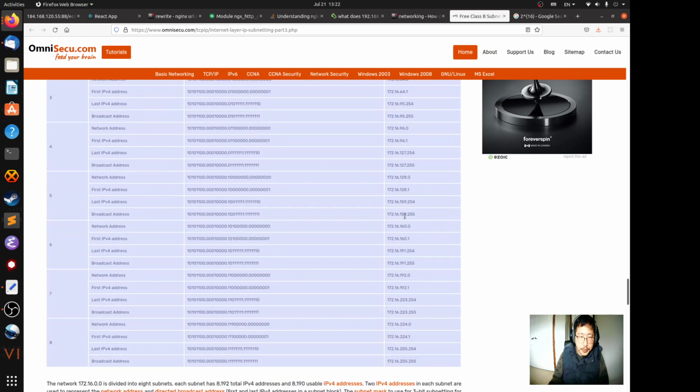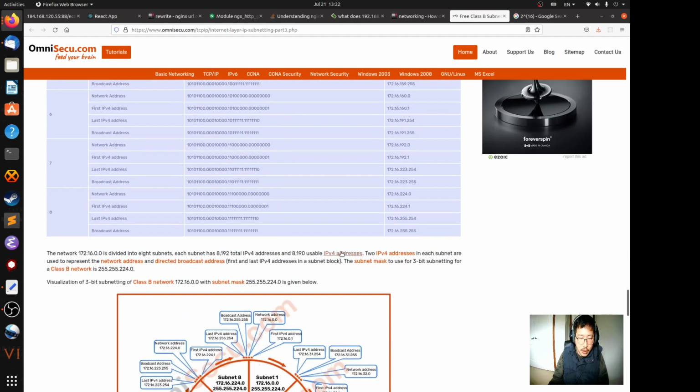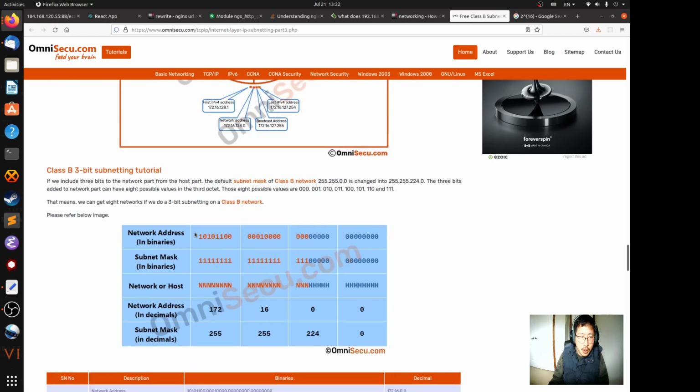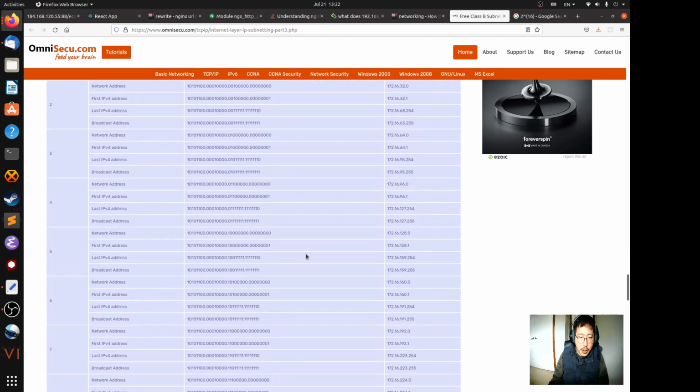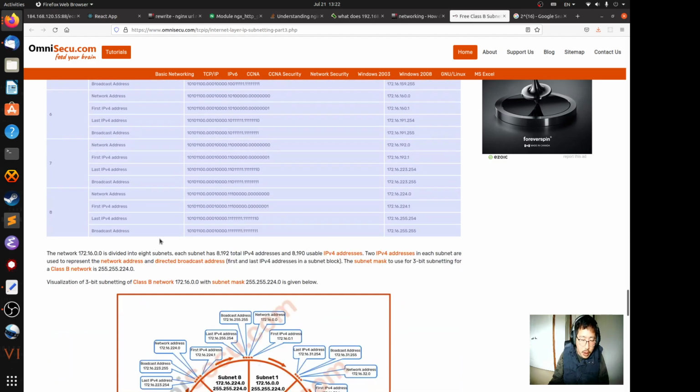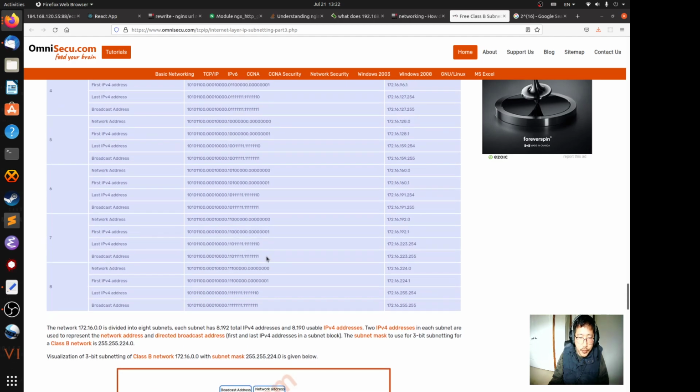Okay, here, I forgot to go through this portion. How many bits? 3-bit subnetting. So how many total IP addresses for each subnet? Well, we've got this portion reserved for host.